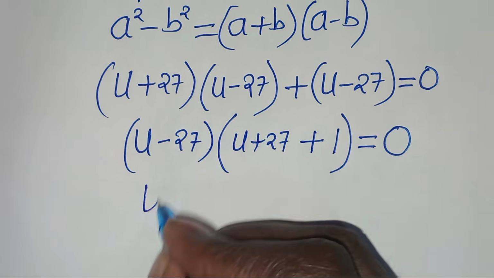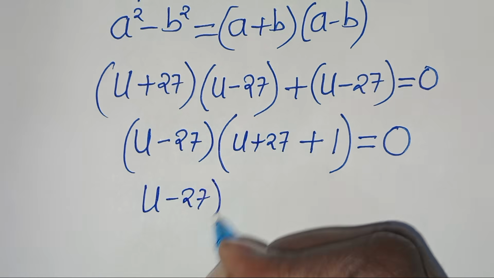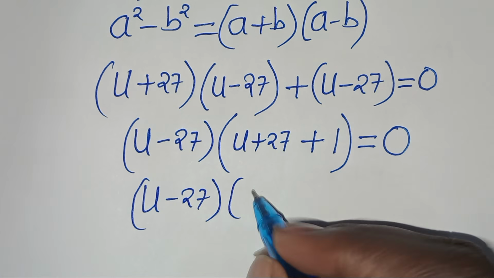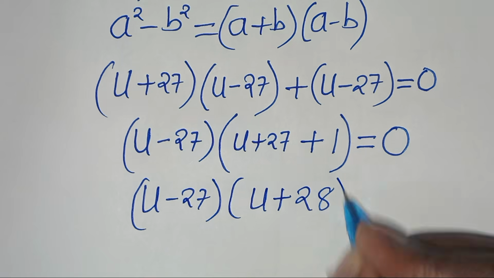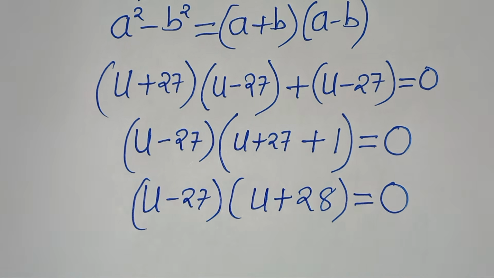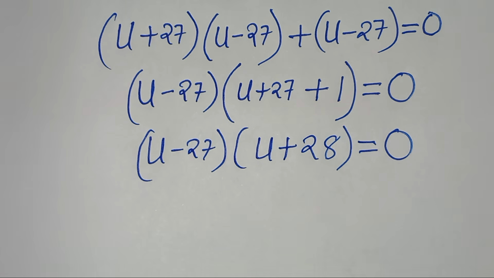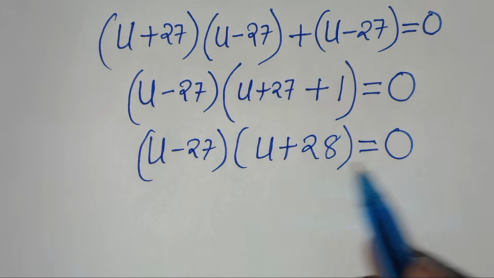So we have u minus 27 multiplied by u plus 27 plus 1, which is u plus 28, equal to 0. Now, we have got two parts here.